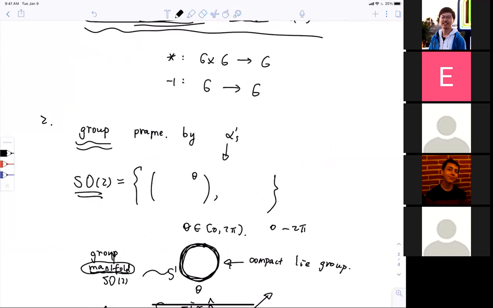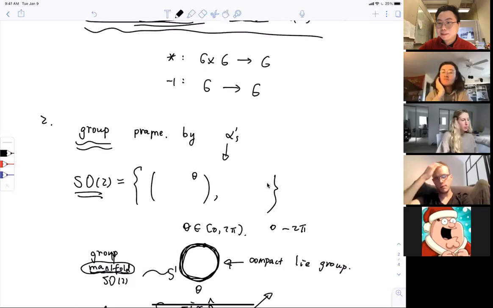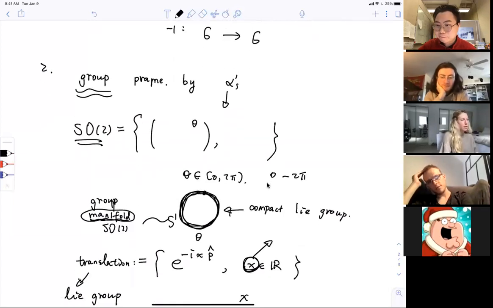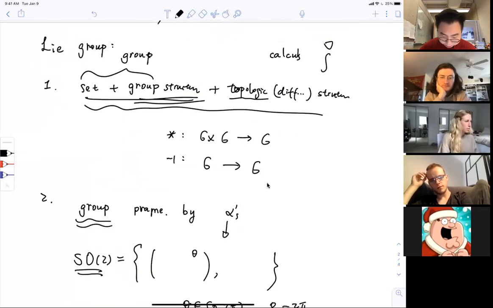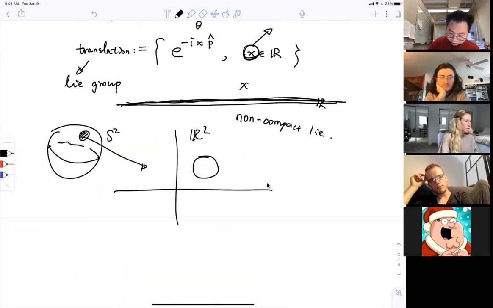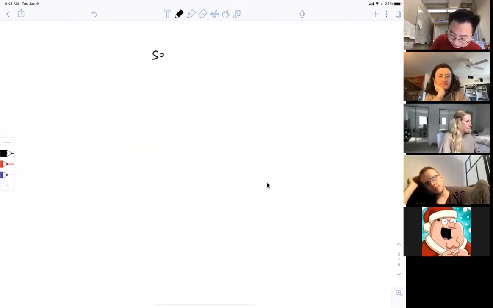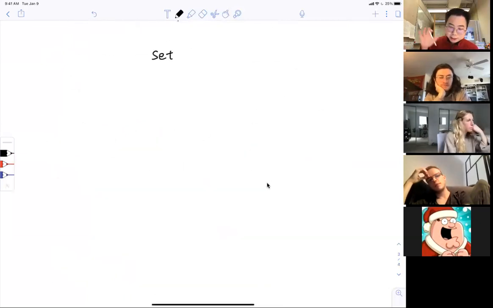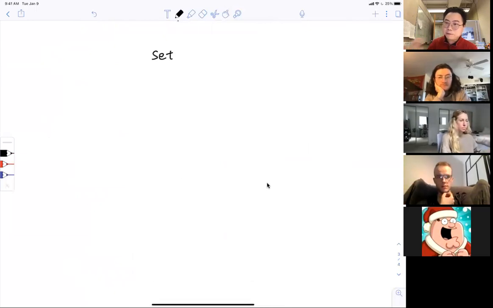Sure. Is defining the manifold like, therefore you've defined the group and vice versa? No, a manifold is an independent object. Every time the starting point is a set, and you add different structure, you get different objects.